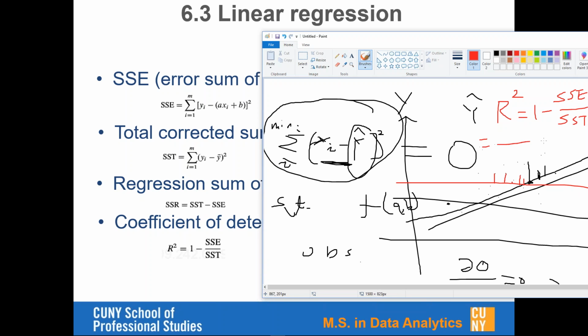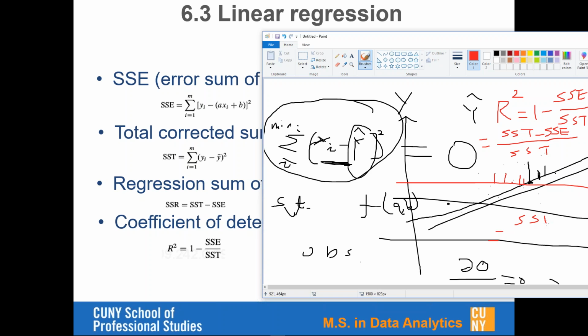So if we use a common denominator, it would be SST minus SSE, so that the numerator is really SSR, right?